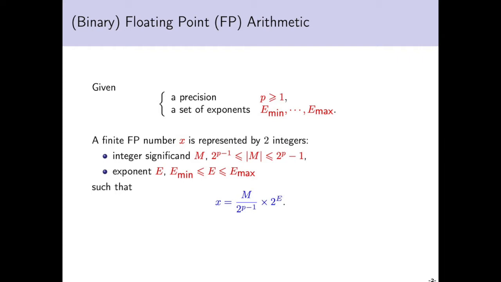The first one, an integer M whose absolute value is between 2 to the p minus 1 and 2 to the p minus 1, and an exponent, an integer between E min and E max. So my floating point number is a dyadic number between 1 and 2, multiplied by a power of 2.